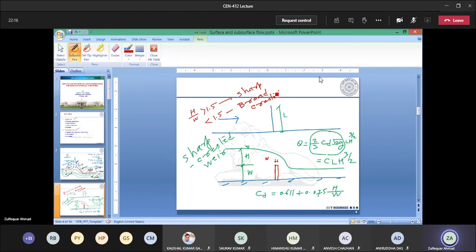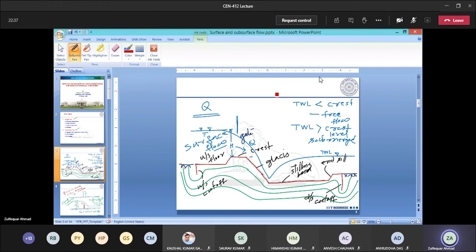Now, as far as the structure is concerned, we hardly have a sharp crested type of structure, unless it is only for the measurement of discharge. Since the gate also has to be placed, here in this structure you have to have a gate.